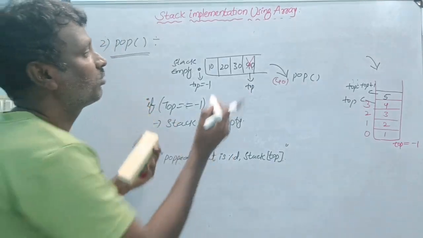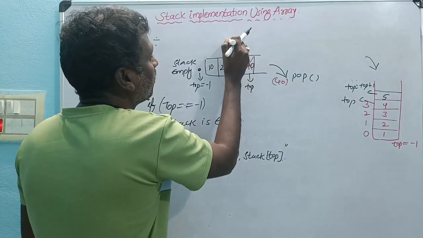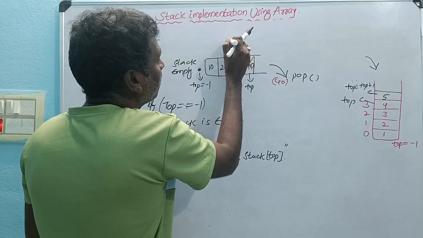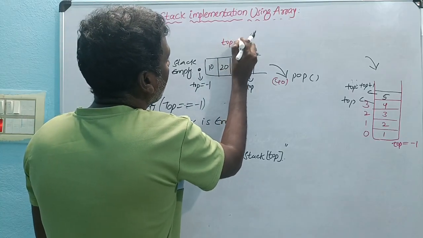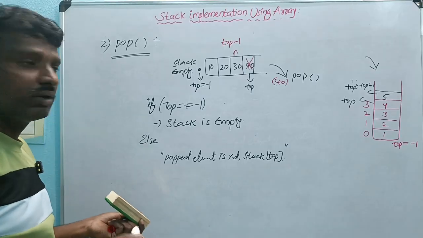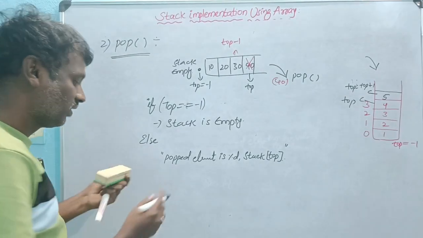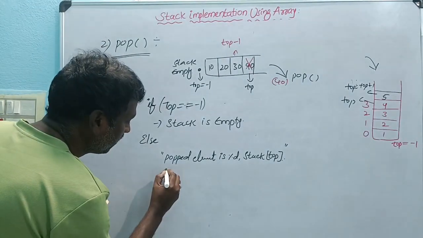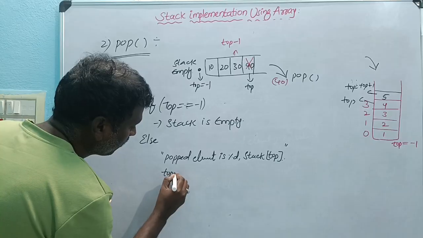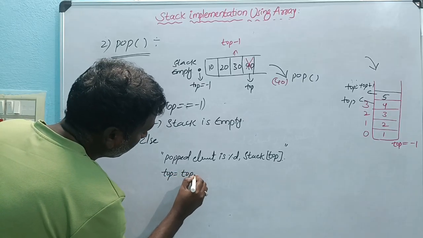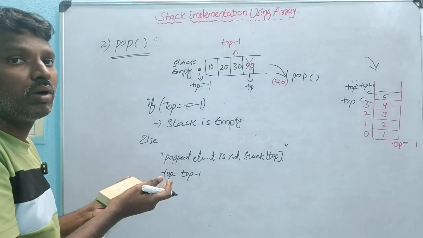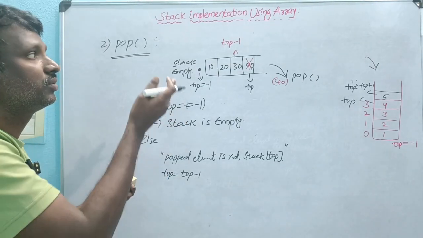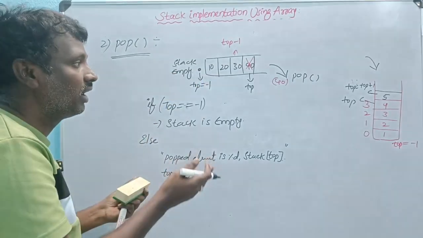After completion of the pop operation, top will be top -1. So we write here top equal to top -1. This is the simple pop operation implementation of stack using array.